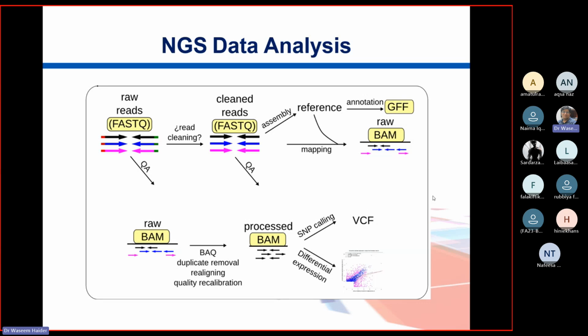If you are just counting them and trying to get the expression of different genes, suppose these are not DNA but RNA reads, RNA fragments, you sequence them and then you let them go through some alignment tools or mappers, right? The tools are called aligners or mappers, and they do mapping or alignment.